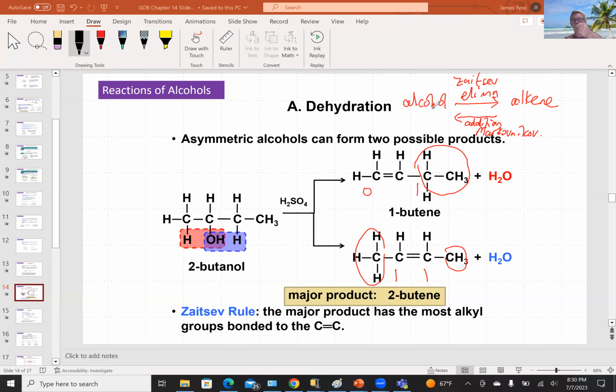So this is not to be thought of as a cycle. The alcohol you start with, if you eliminate it to form an alkene and then try to rehydrate it again, you won't necessarily get the same alcohol. You might get a different alcohol. So this is not necessarily a reversible process. That's a key point, I think.